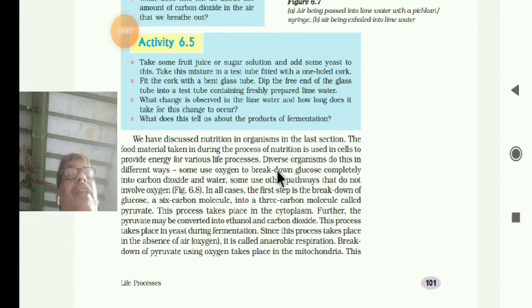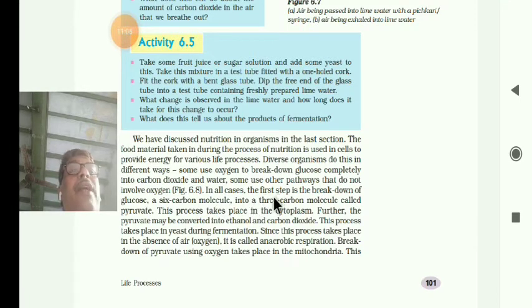Different types of organisms do this in different ways. Some use oxygen to break down glucose completely into carbon dioxide and water, which you have discussed already, aerobic respiration. Some use other pathways that do not involve oxygen, like anaerobic respiration.